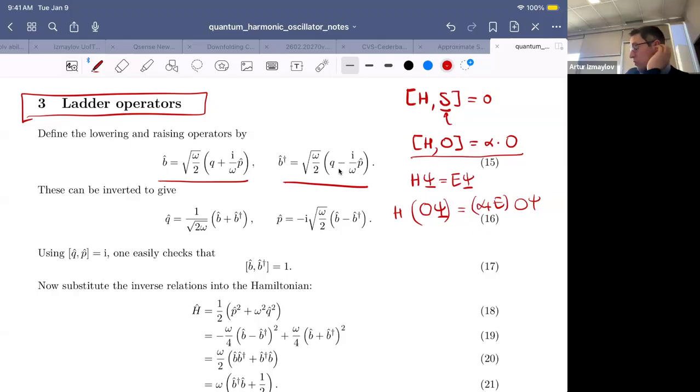If you start with the ground state, then we can create excited states. That is the use of this expression, because if you find such an operator O, it can create excited states from the ground state.